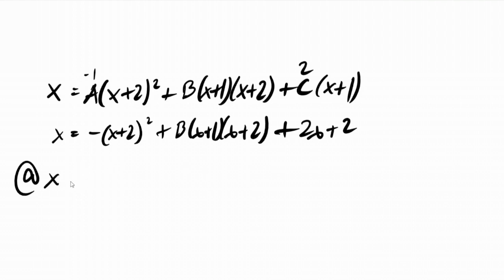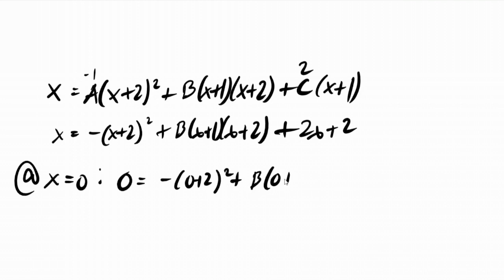As this is our substitution method, if x equals 0, substitute it to all x here, so 0 equals negative 0 plus 2 squared plus b times 0 plus 1 times 0 plus 2 plus 2 times 0 plus 2. So this will cancel out.